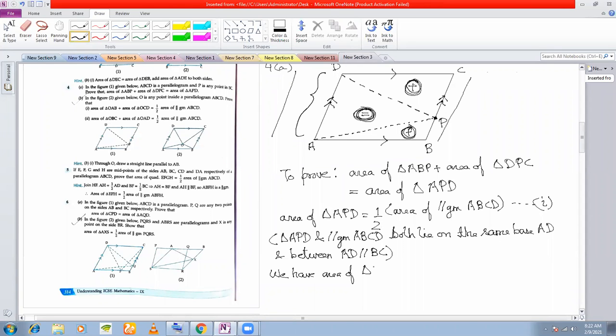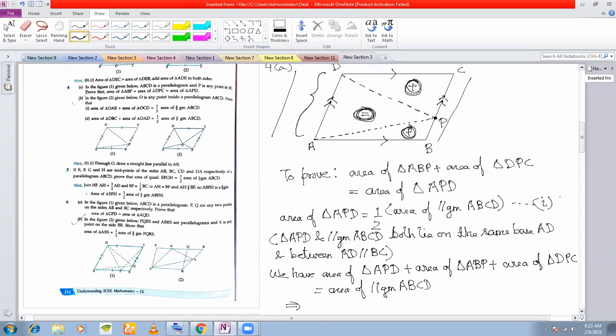So now we write the sum of the areas of the three triangles must be equal to the area of the parallelogram. So we write area of triangle APD plus area of triangle ABP plus area of triangle DCP, or DPC, must be equal to area of parallelogram ABCD.